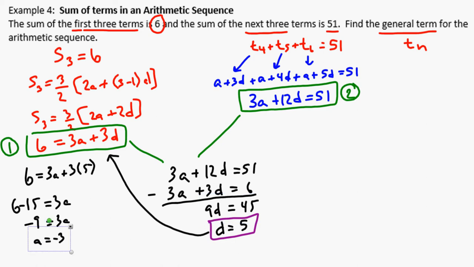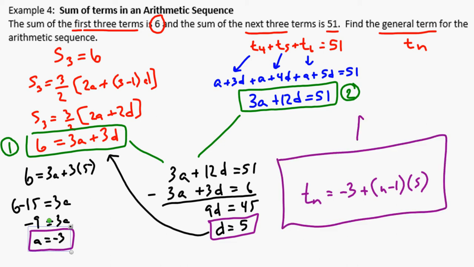And there is my other answer. So what's my final answer? My final answer will be the general term, so Tn is equal to negative 3 plus n minus 1 times 5. And there it is in all its glory.